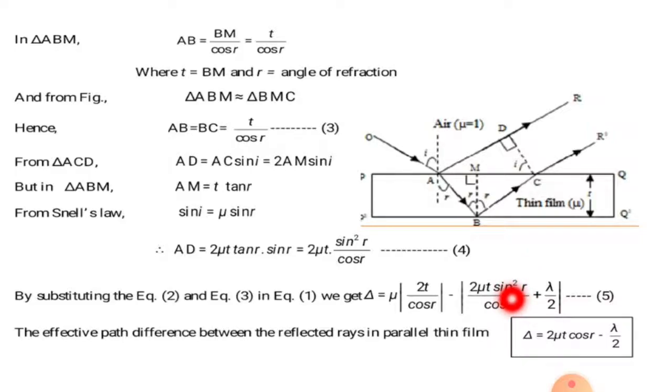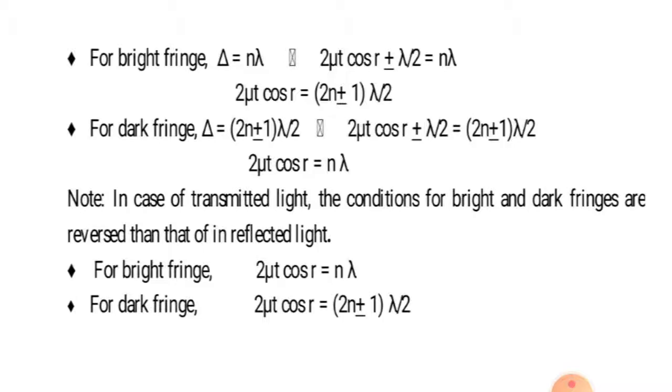Now we find the expressions for bright and dark fringes based on the path difference. We already know that if the path difference is an integer multiple of wavelength, we get a bright fringe. This is the mandatory condition for constructive interference.